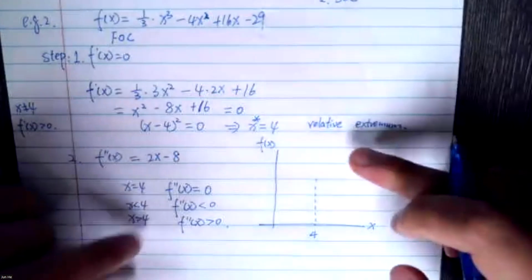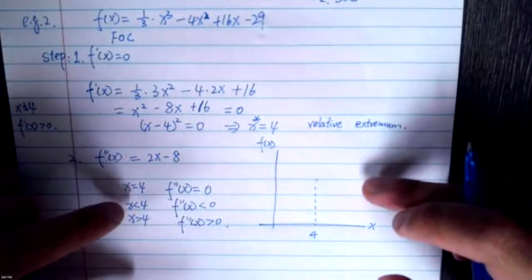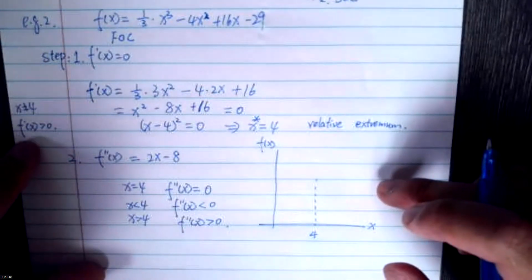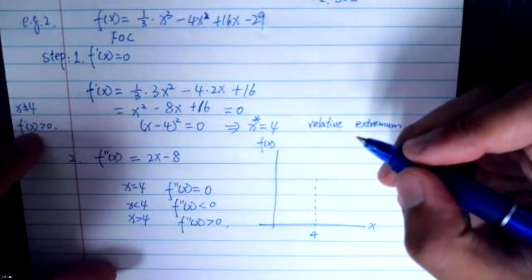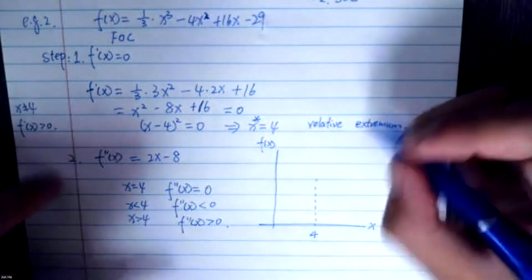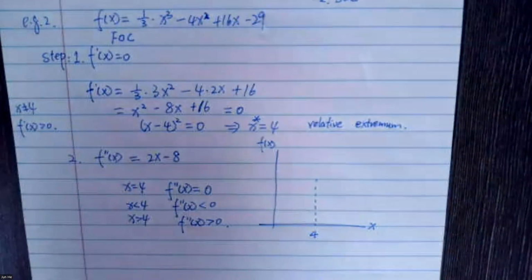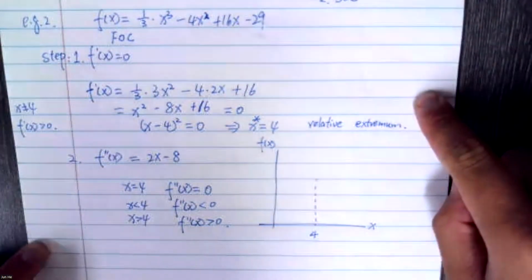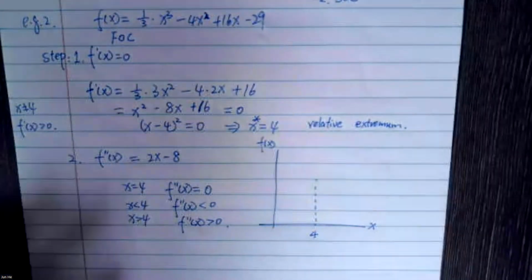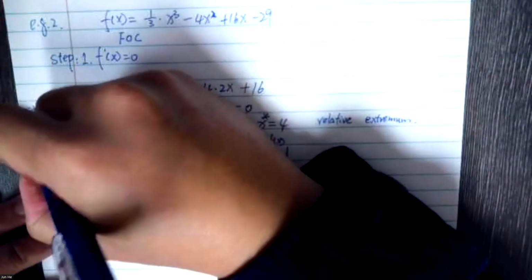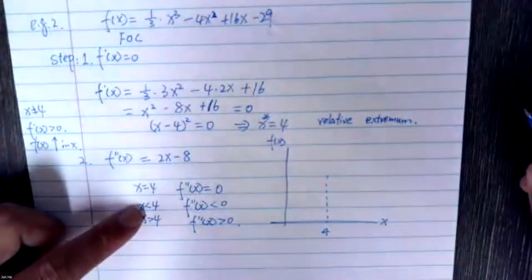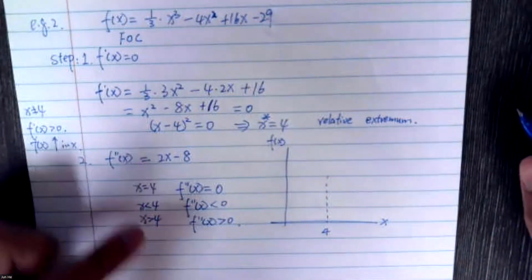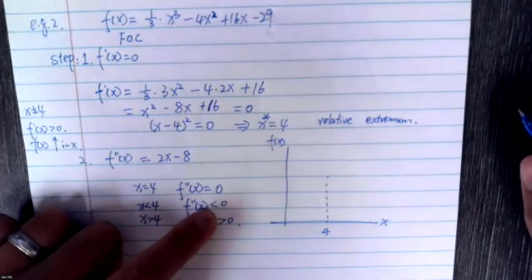Okay, so you can actually draw the functional form this way. When x equals 4, it is just a 0. When x is not equal to 4, f prime x is greater than 0. So the general shape is we're going this way, right? f x increases in x. Then when x is smaller than 4, f double prime x is smaller than 0.